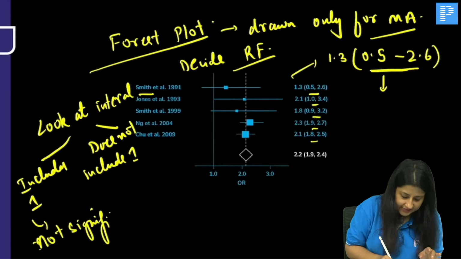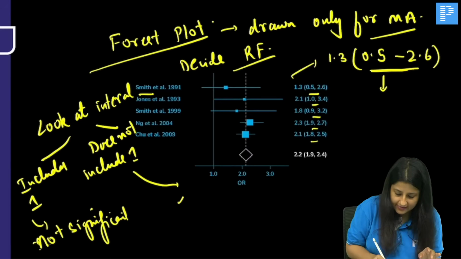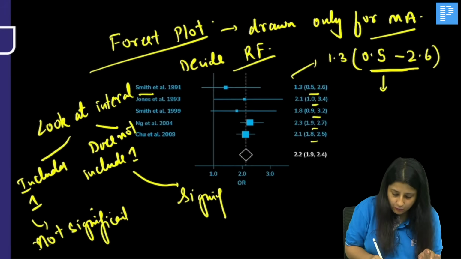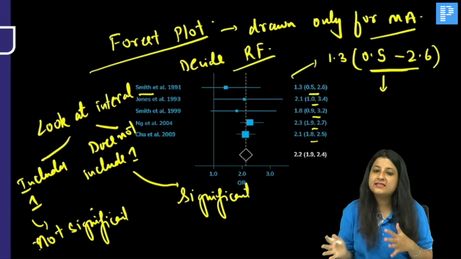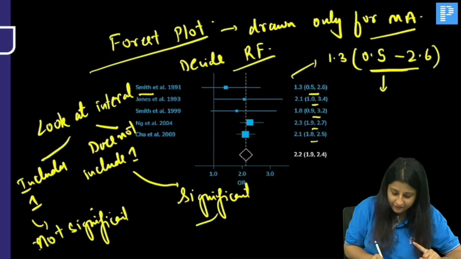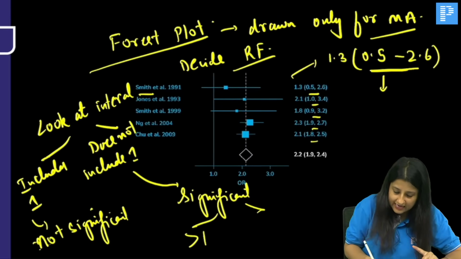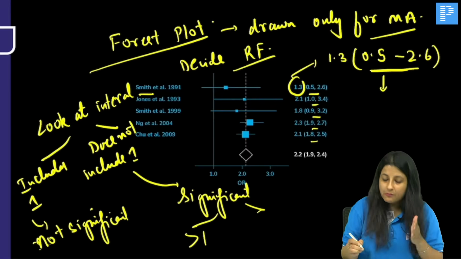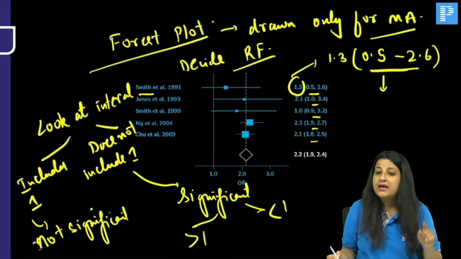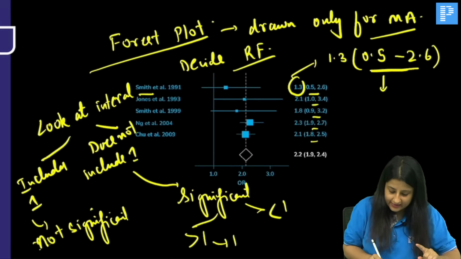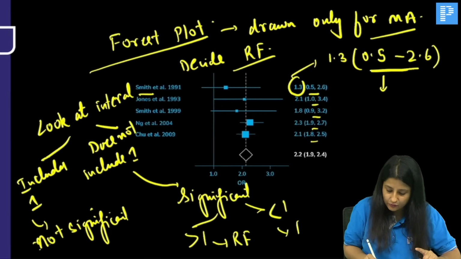But if it does not include 1, it is significant. Now when it does not include 1, it is significant. Over here you have to see the value, whether it is more than 1 or less than 1. If the value is more than 1, it is a risk factor. If the value is less than 1, it is a protective factor.